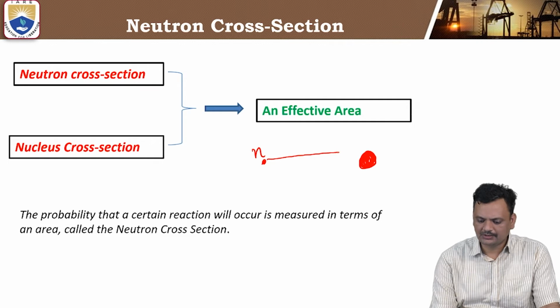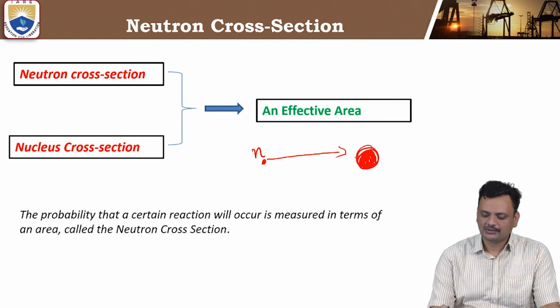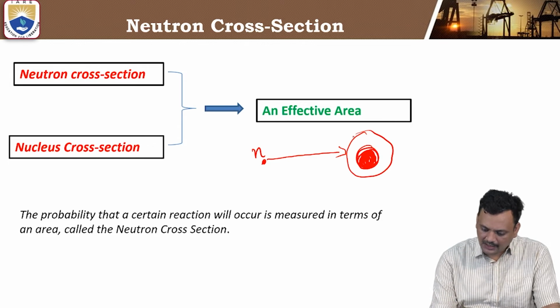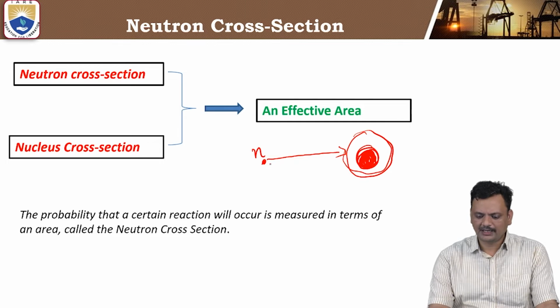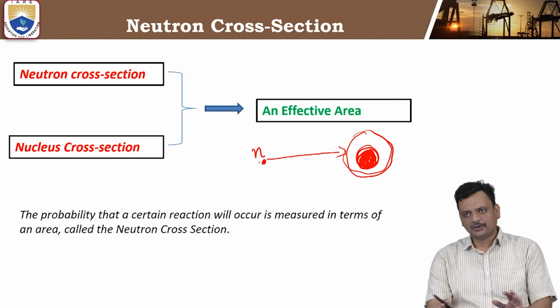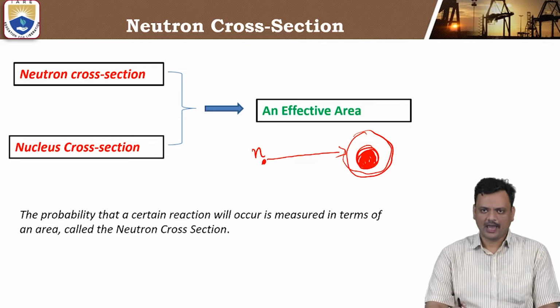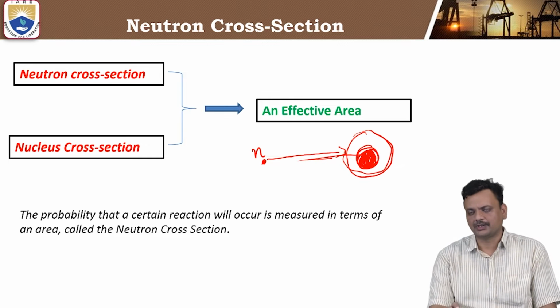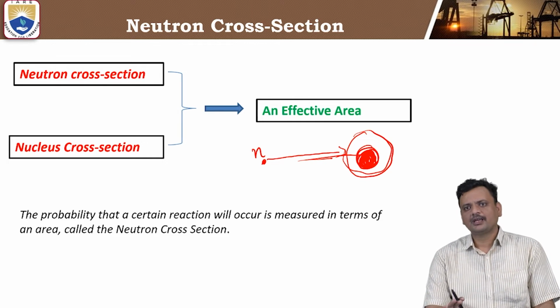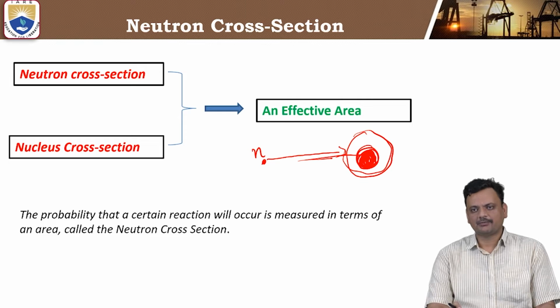When this neutron approaches the nucleus, in some region nearby the nucleus, nuclear reactions will happen. Generally, students think that only when the neutron strikes the nucleus will the nuclear reaction take place. This is not the exact case.